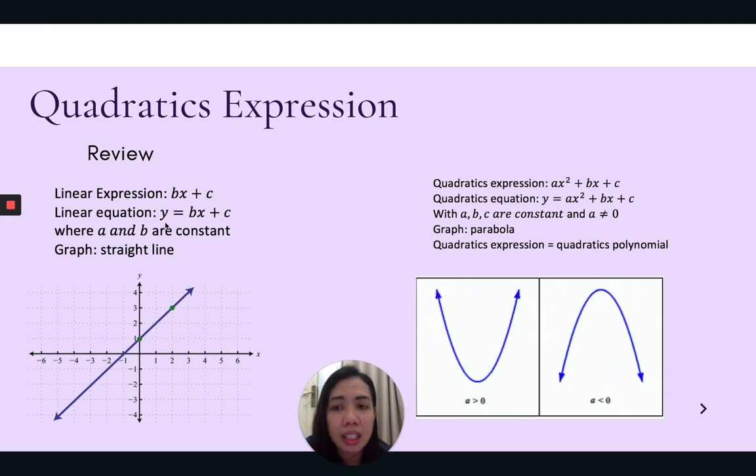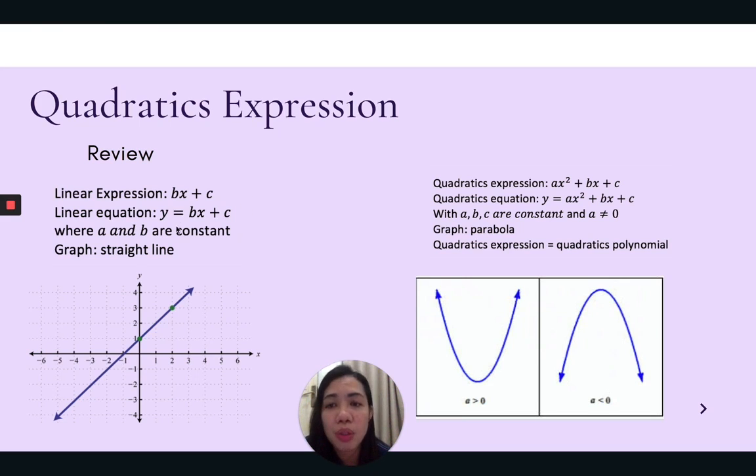And here, this y, we can change with any number. For example, I can change it to bx plus c equals 1, or bx plus c equals minus 1. You can change it with any number, but people commonly change that to 0. After you make that equal to 0, then you can solve the equation.